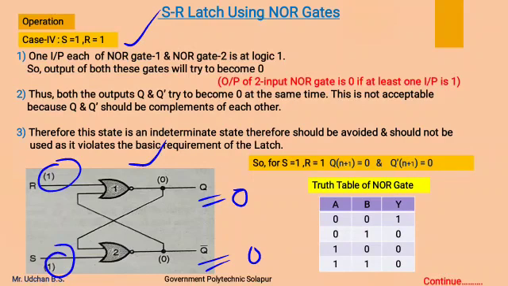So for S equal to 1, R equal to 1, as both the outputs become 0, this state should be prohibited. So it is named as a prohibited state, or this condition is also called a race condition, as both the outputs are racing to become a 0.